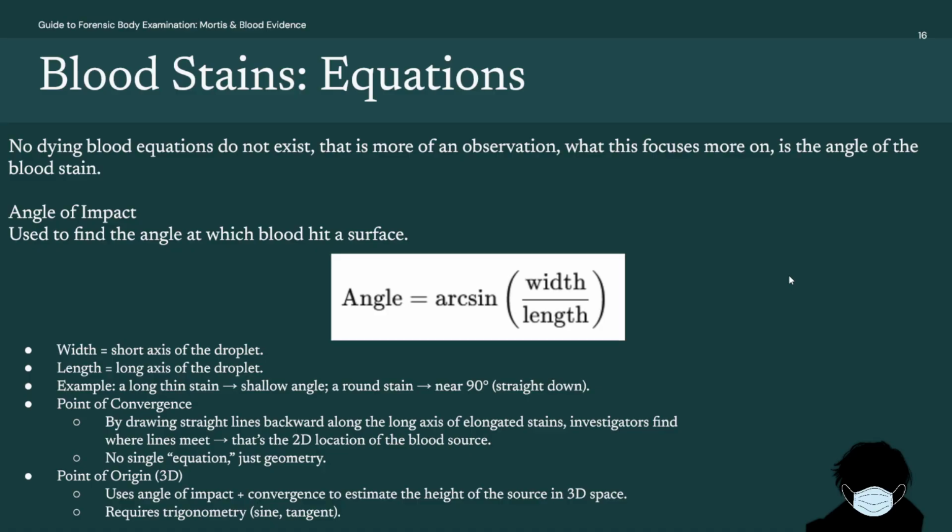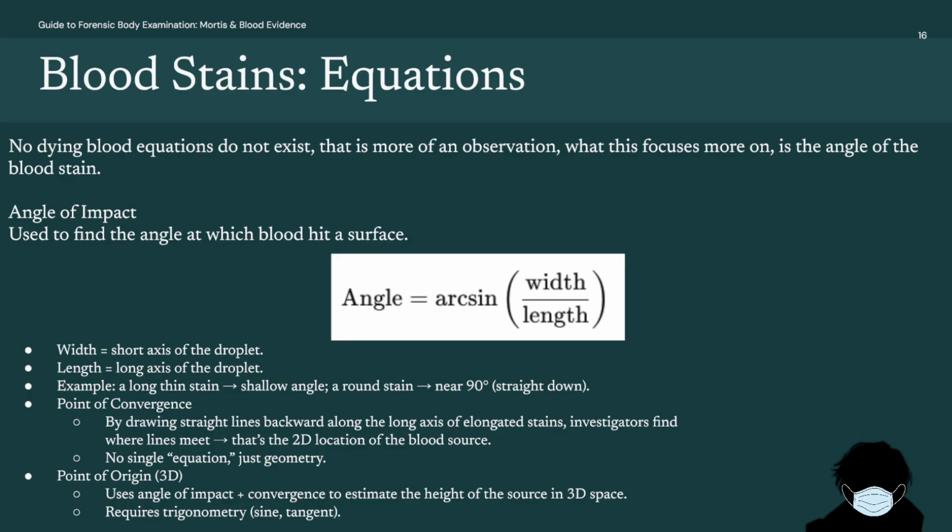Bloodstains and their equation. There are no drying blood equations. They do not exist. That is more of an observation. What this focuses more on is the angle of the bloodstain, the angle of the impact specifically. So it's used to find the angle at which the blood hit a surface.